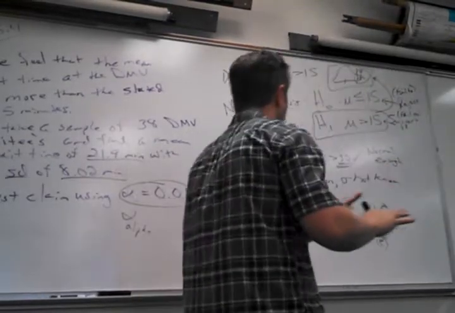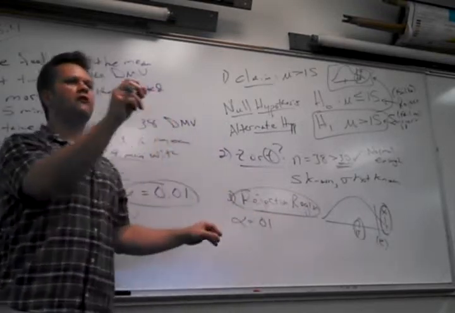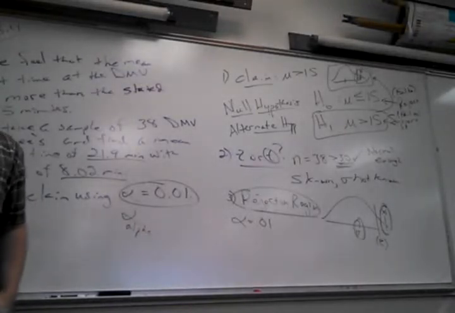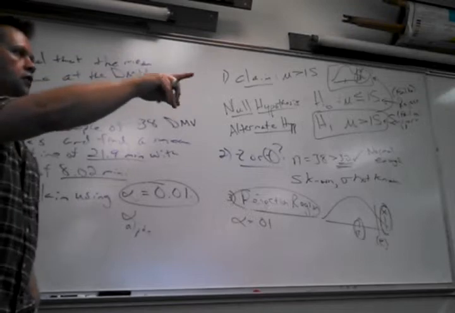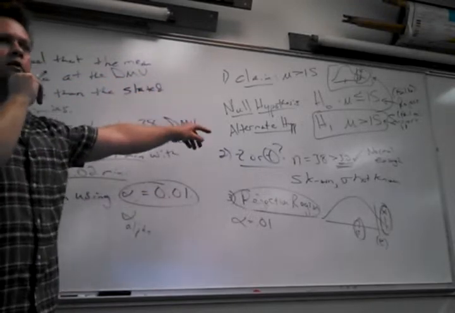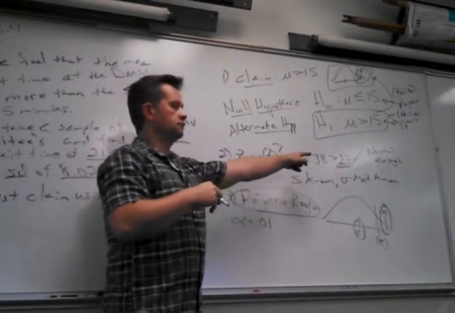Okay, good. So if alpha is 0.01, what does alpha tell you? The area in the tail, or tails. And how many tail tests was this? One tail test. So if you look at the t-score chart, we need a t-score, right?